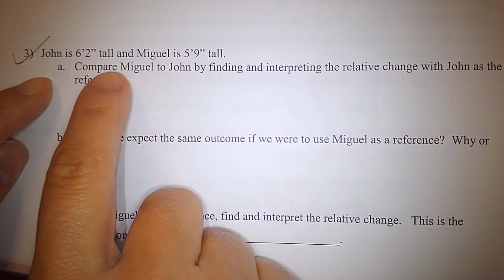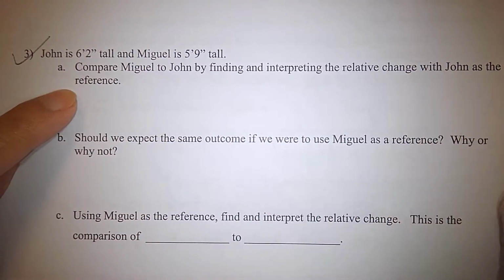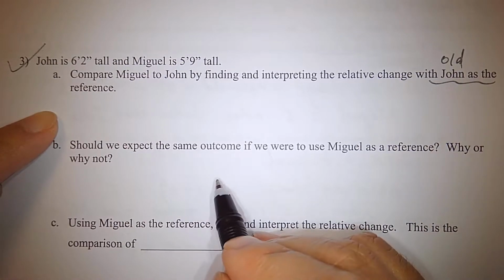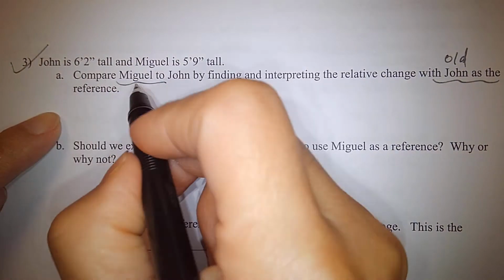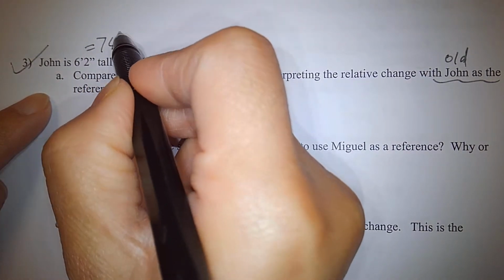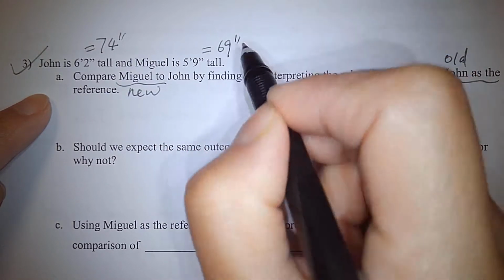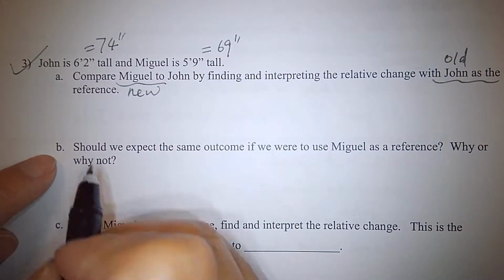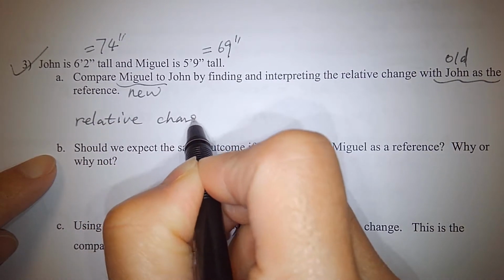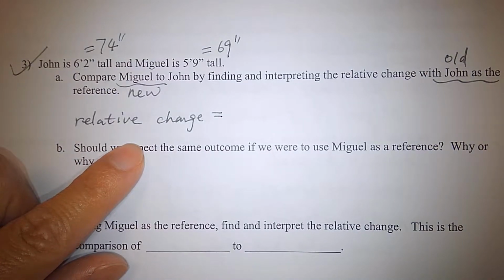Question A: compare Miguel to John by finding the relative change with John as a reference. So John's height is the old value, and Miguel's height is the new. We know John is 74 inches tall, and Miguel is 69 inches. Relative change by the formula is defined by what?